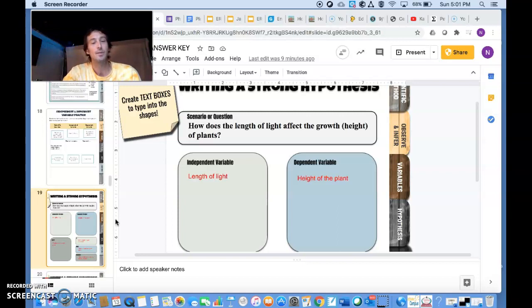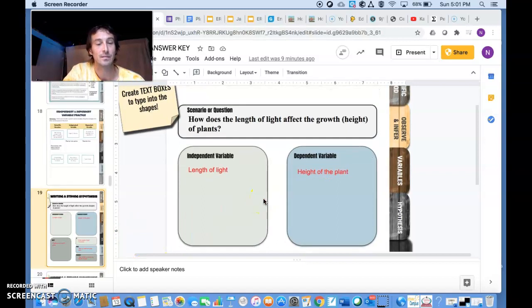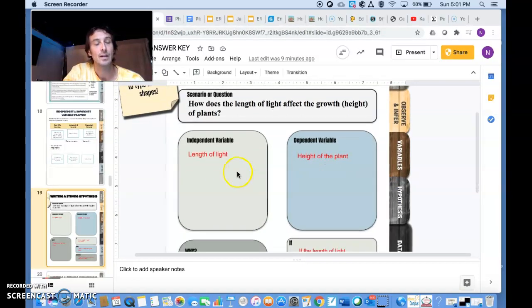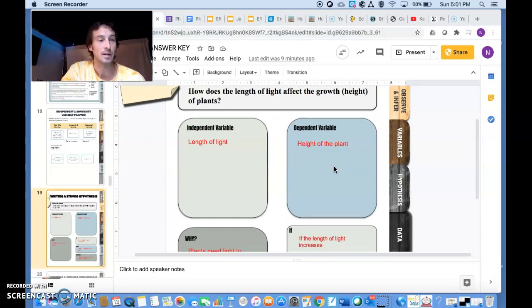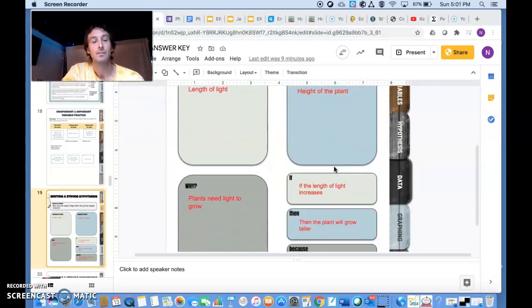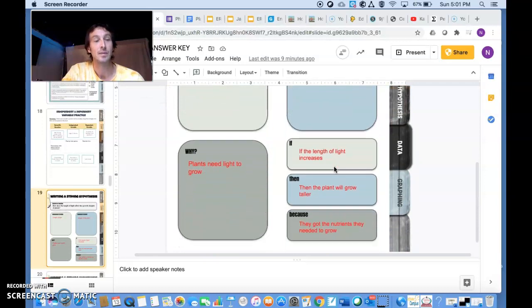We have a problem, and we want to be able to run an experiment to answer our question. And so what would be our independent variable here? What could we as experimenters manipulate? In this case, it would be the amount of light, or the length of light. The dependent variable, right, something we could measure, would be the height of the plant, maybe the weight, or the mass, but that'd be more difficult.